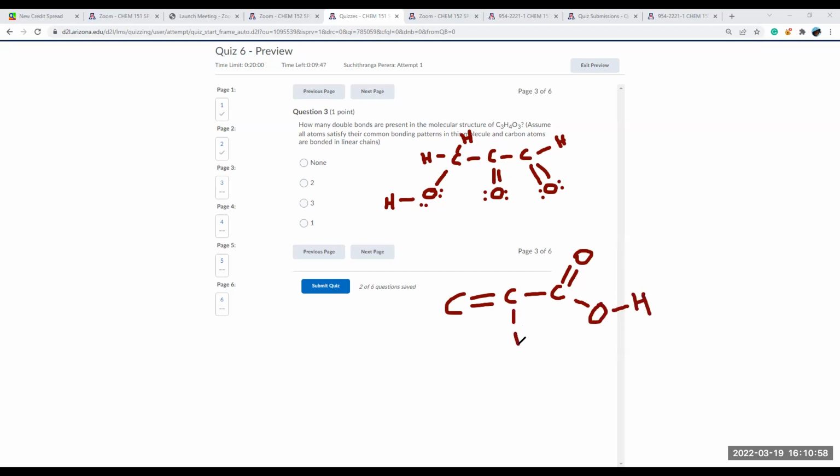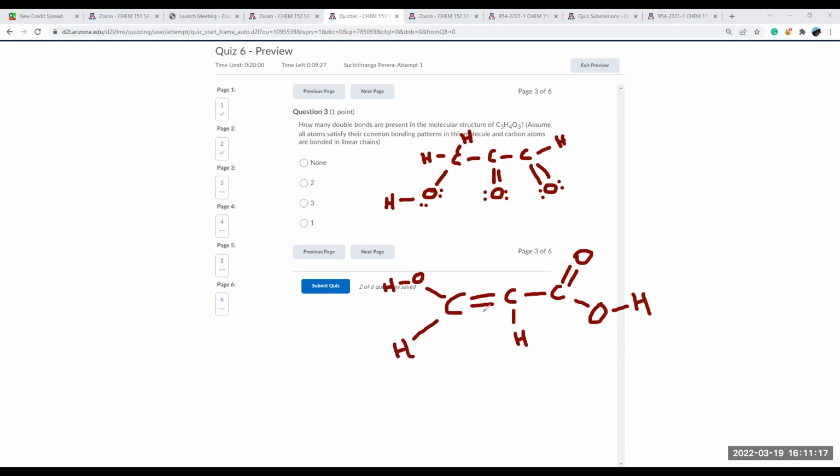It's one hydrogen. And then one more oxygen, and then one more oxygen-hydrogen bond to fulfill the common bonding pattern of that oxygen, and then we have one more hydrogen.